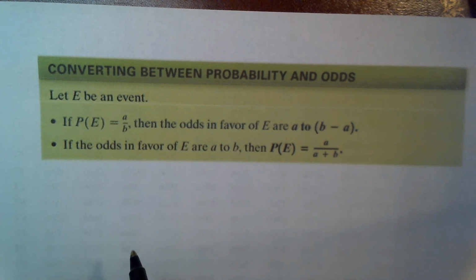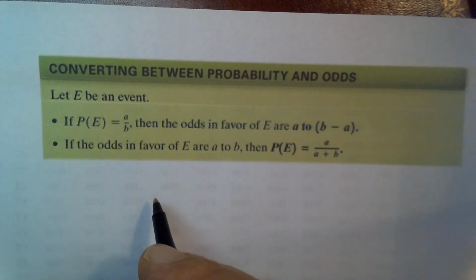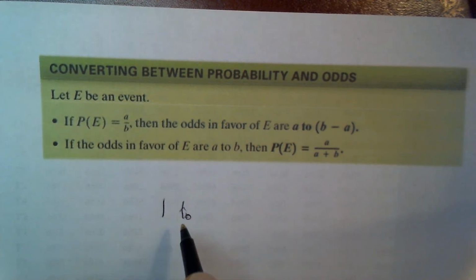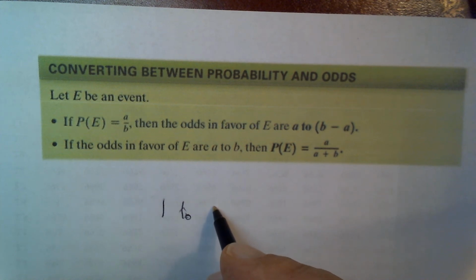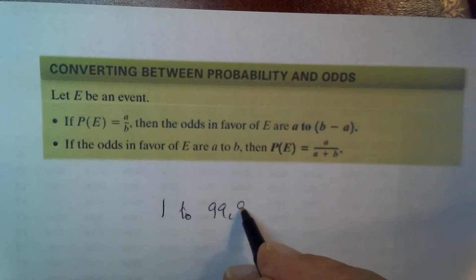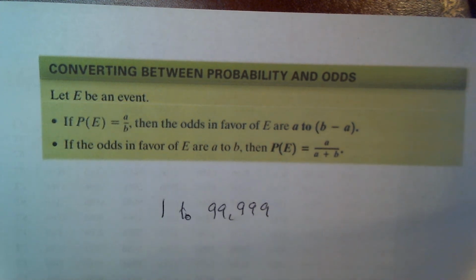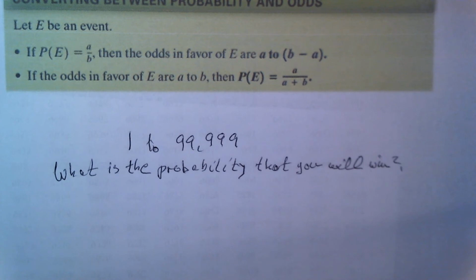So how do we apply that? Let's say in a certain sweepstakes, your odds of winning are 1 to 99,999. What is the probability that you will win?